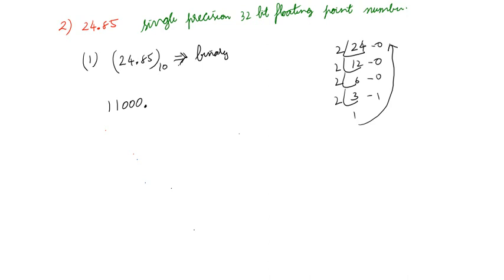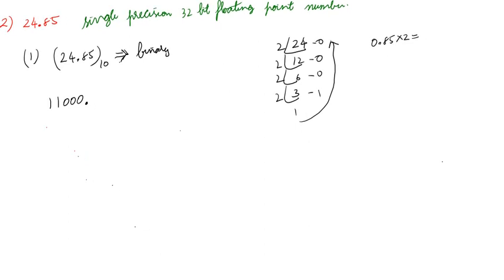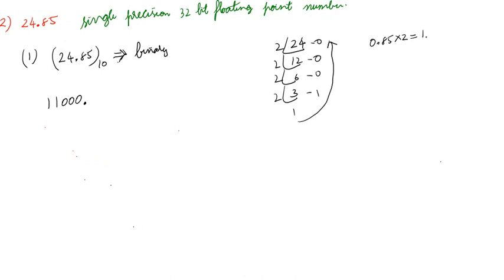Then what about 0.85? 0.85 can be converted to binary by repeated multiplication, right? So 0.85, if you multiply by 2, we will get 1.70. Okay, so I can write this as 1 plus 0.7. Take 0.7, again multiply by 2, which is 1.4.